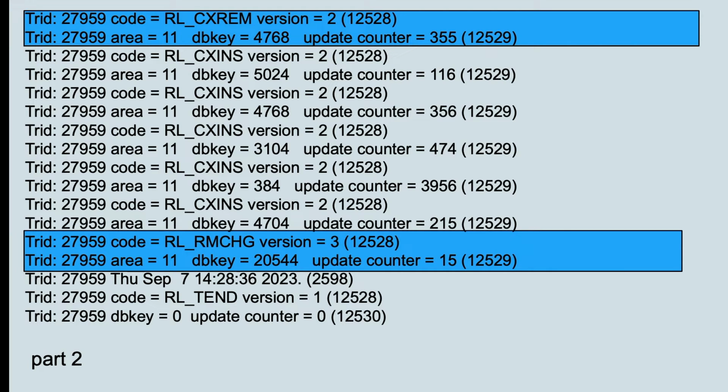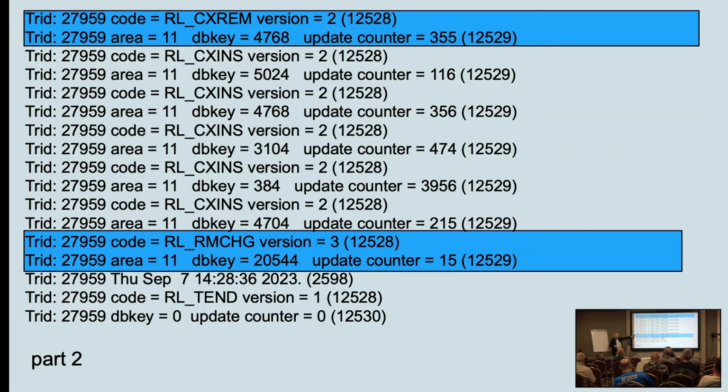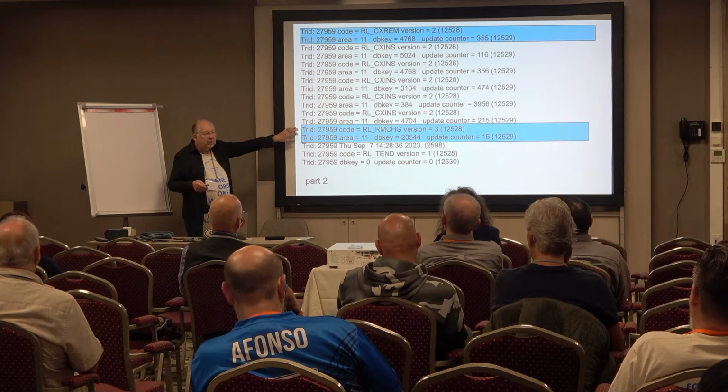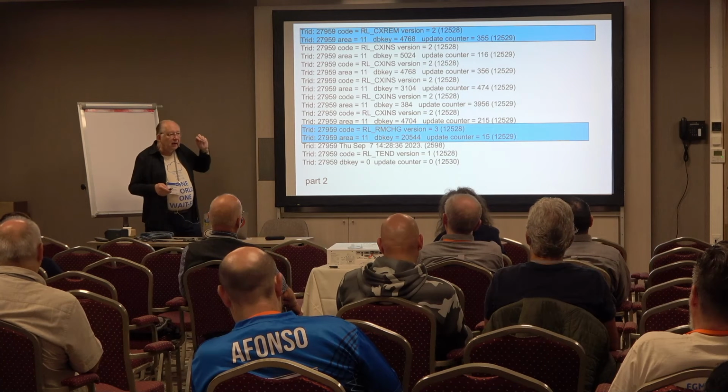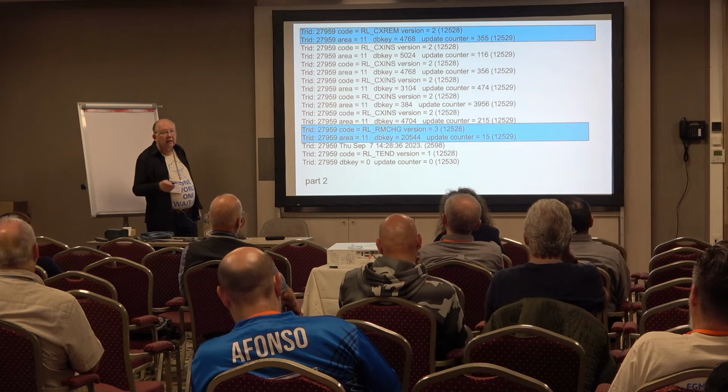So even though we did the assign, the trigger also creates index entries. So the trigger causes the first index entry to get created as well as the record create. And then the rest of what happens is a result of the assign statement. And because the trigger created the record, we get this update after we've assigned all the field values. So this update comes from the assign statement, and the create comes from the trigger assigning the first key value.